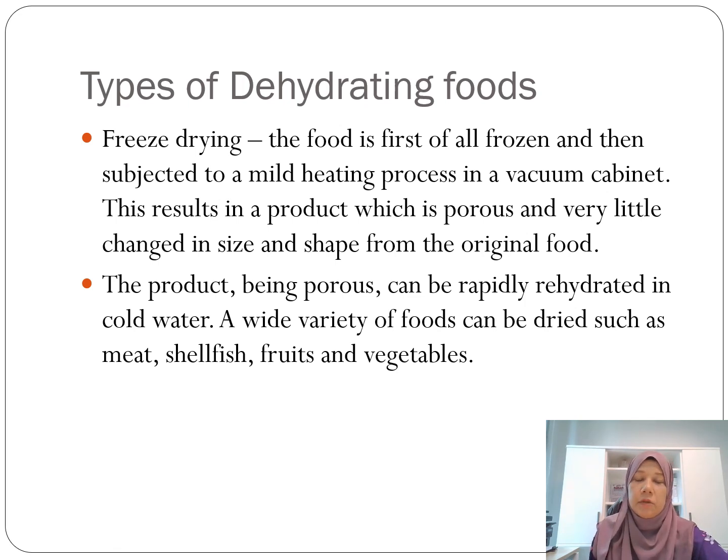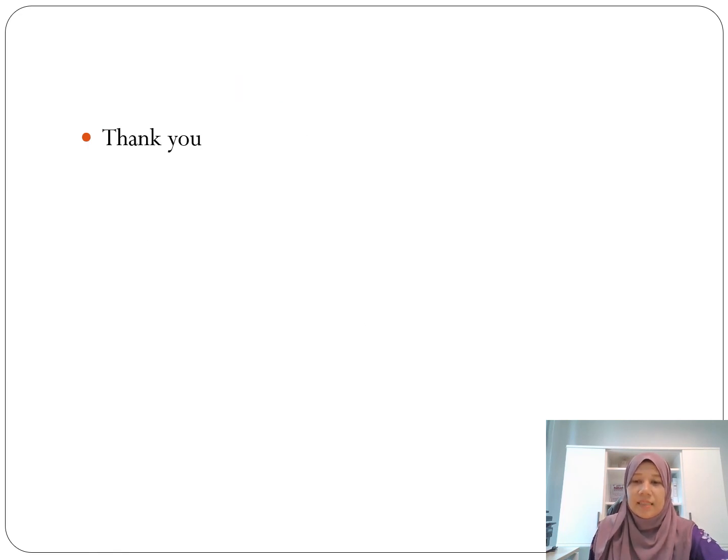Freeze drying is normally used for, for example, fish, shellfish, meats, fruits and vegetables. You freeze first, and after that you put it in the vacuum cabinet using a heating process. And that's all.